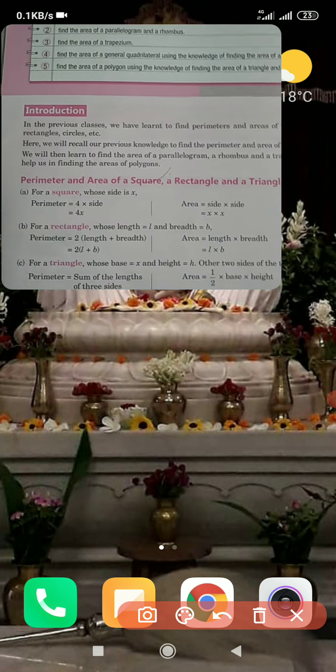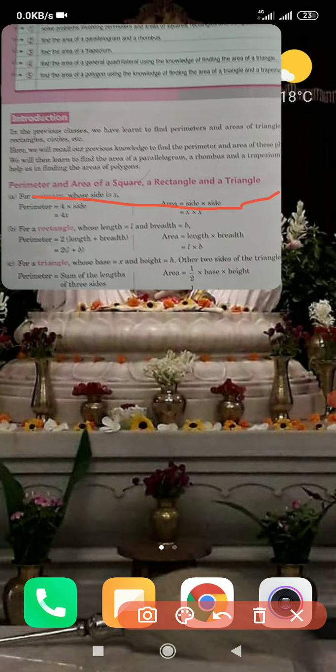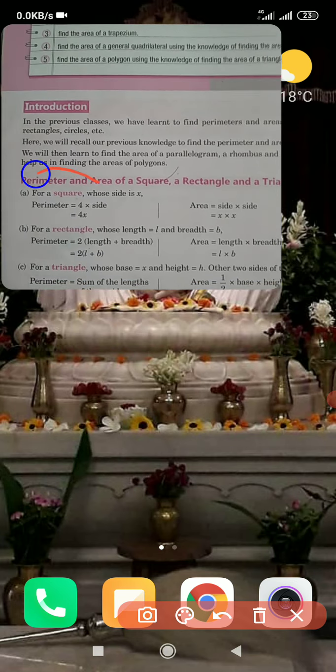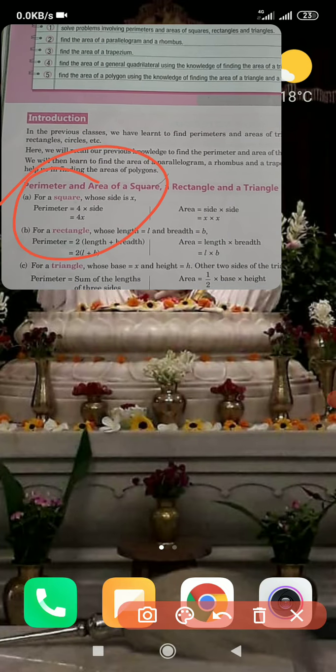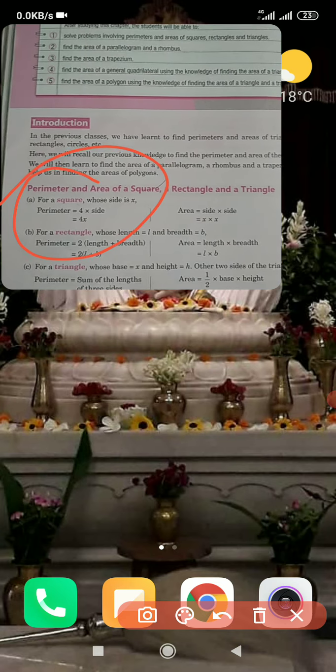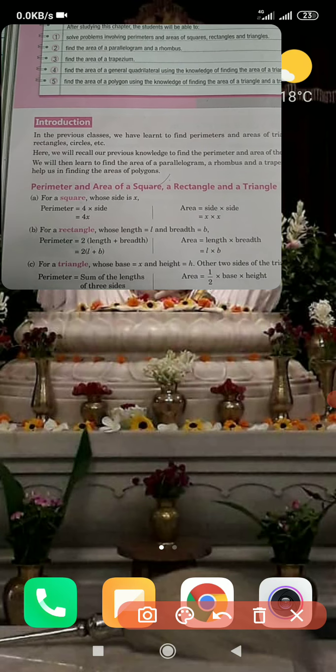So the perimeter of squares, rectangles and triangles we'll be learning here. The first one is the perimeter of a square, which is what? 4 into side. That means the definition of perimeter is what? The addition of all the boundaries, which means what?